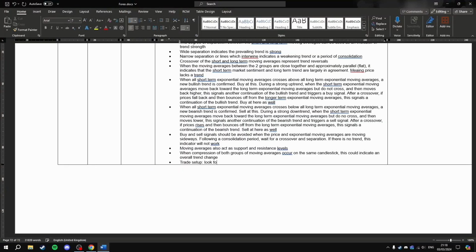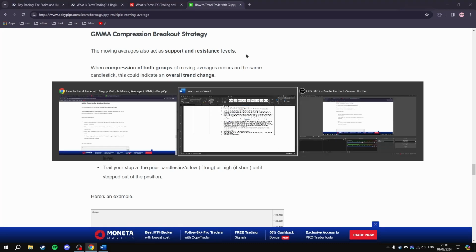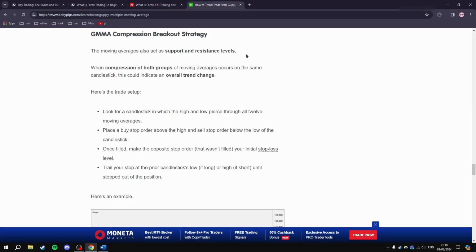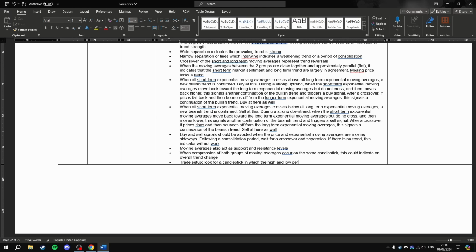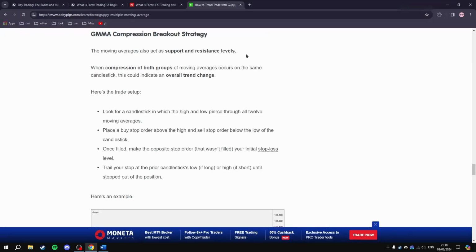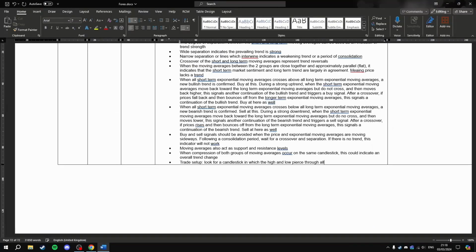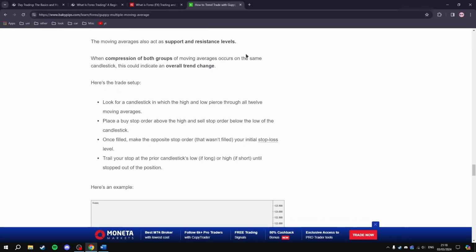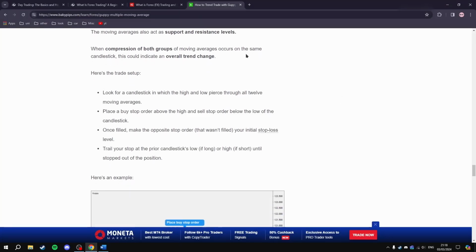Look for a candlestick in which the high and low pierce through all 12 moving averages. So all 12, that's both the short term and the long term ones.